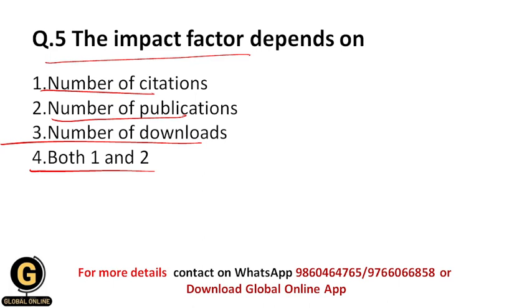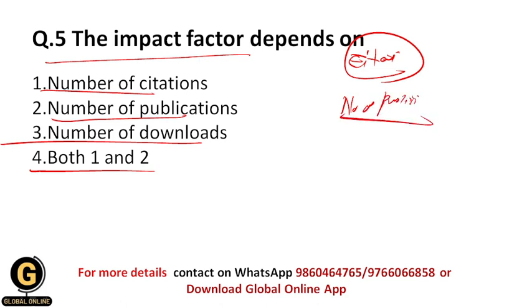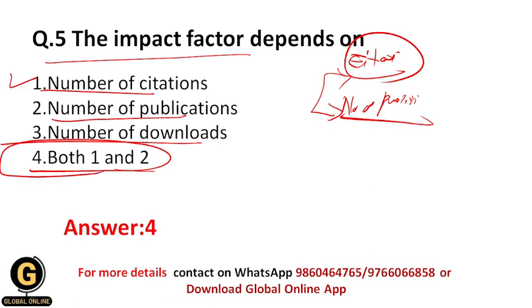And that's why here we consider the number of citations as well as the number of publications. On these two factors impact factor depends, and that's why your correct answer for this question should be 4, 1 and 2, because both of these factors play an important role in deciding the impact factor of a particular journal.